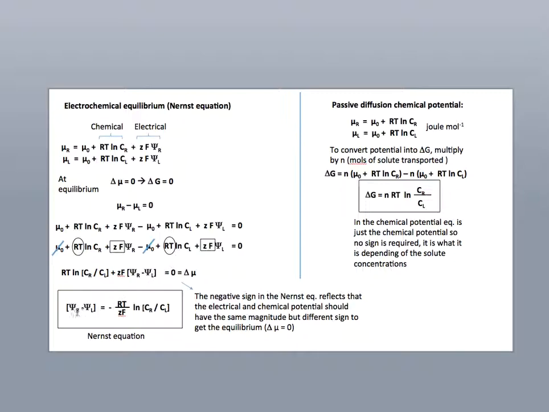And one thing we assumed was that this psi r minus psi l is 0. And the negative sign tells you that when the magnitudes are equal but the sign is different, you get an equilibrium, so nothing flows.